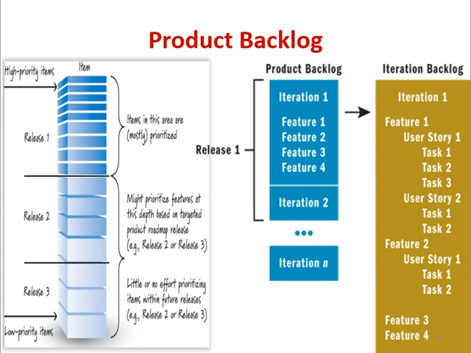And if we again magnify the view of the iteration backlog, then we have iteration 1, in which we have feature 1 and feature 2, and feature 1 will include the user stories and ultimately finally the tasks. So this is the magnified view of the product backlog for your better understanding.